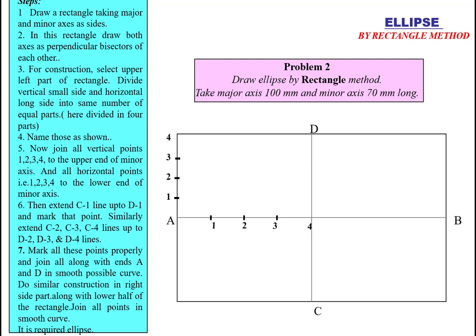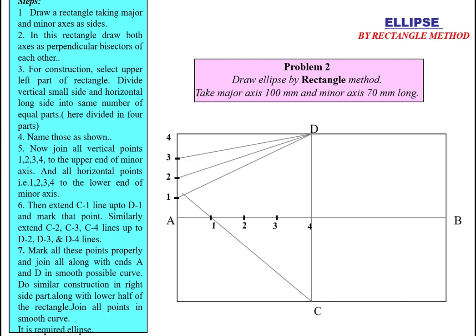Now join the vertical points 1, 2, 3, 4 with point D like this, and the horizontal points 1, 2, 3 can be joined to point C and extended up to line 1D.